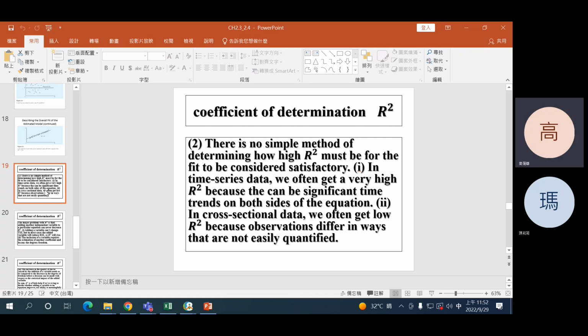After chapter 5 is the hard and important part of regression analysis. So for R square, there's no number at which we say it is big enough or small enough.